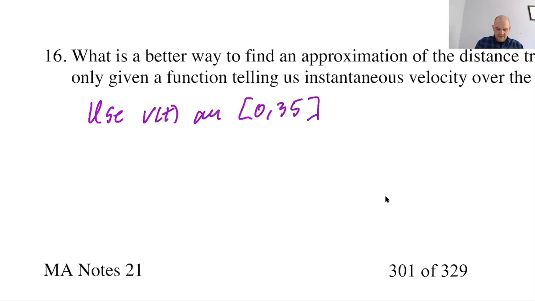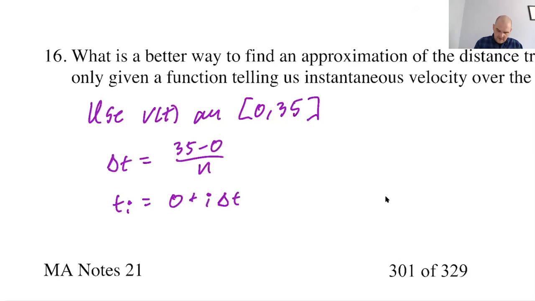Okay, so I'm going to come up with a delta t. So delta t is going to be 35 minus 0 divided by n, the number of rectangles that I want to use, right? Then the height, I need a t sub i. T sub i is going to be where I start plus i times delta t, which in this case is just going to be 35i over n.